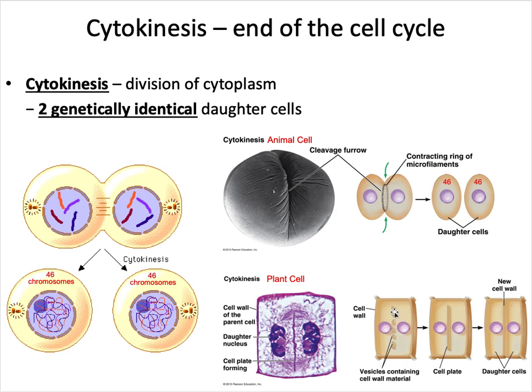And then these vesicles will fuse together, elongate, and eventually become the cell wall. Each daughter cell will have its own cell wall. So here's one daughter cell that will be genetically identical to this daughter cell.